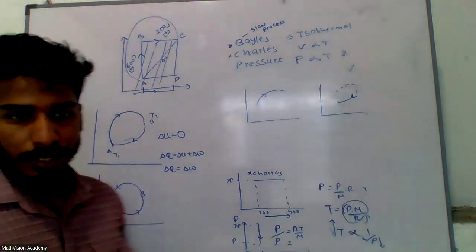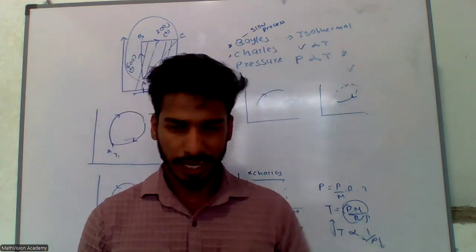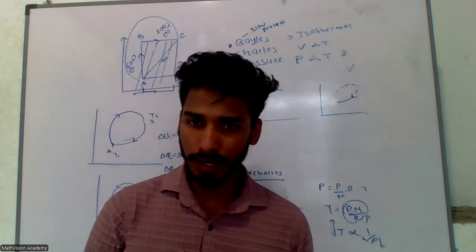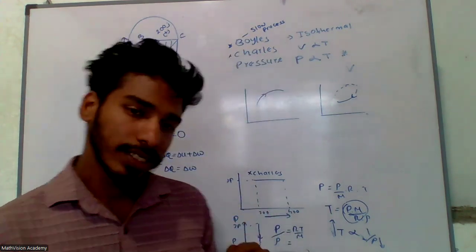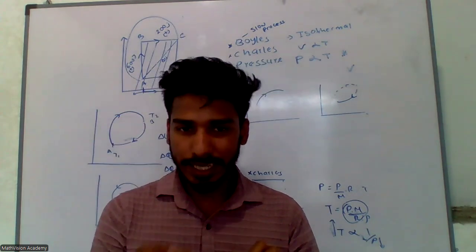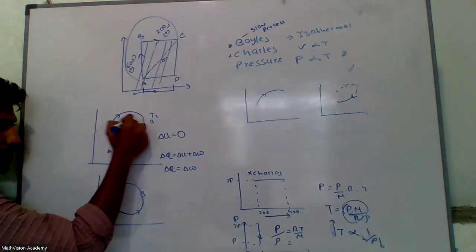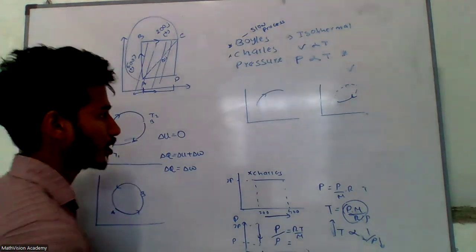So you should understand the net work done, because there's work done, and I forgot to say the net work done as well. Net work done means the area inside the graph. Okay? If you look at here, this should be the work done part. I'll tell you why it is.